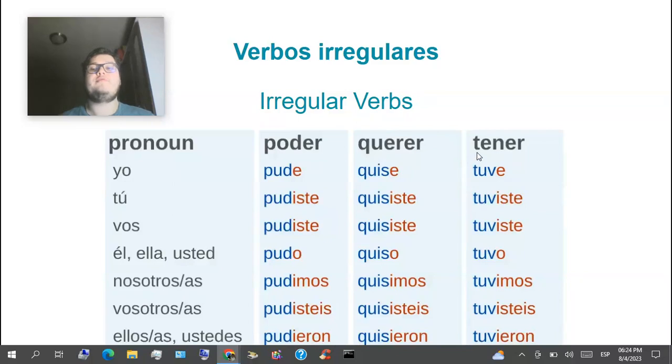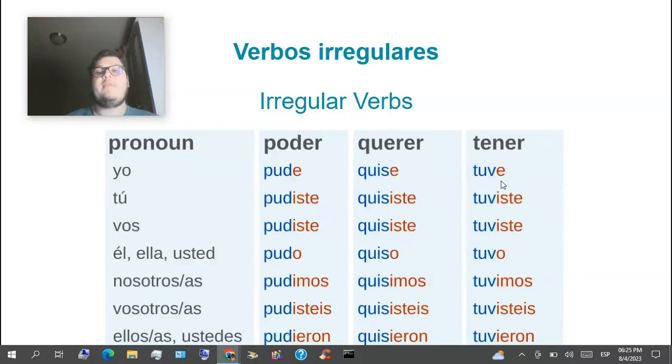So we have to change the stem or the root of the verb, and because of that, you have to memorize at least the first conjugation, because it's going to tell you the stem of the verb. So the rest of the conjugations, you're going to use the same stem. And in this case, as you can see, always it is tu. So always it is tu.